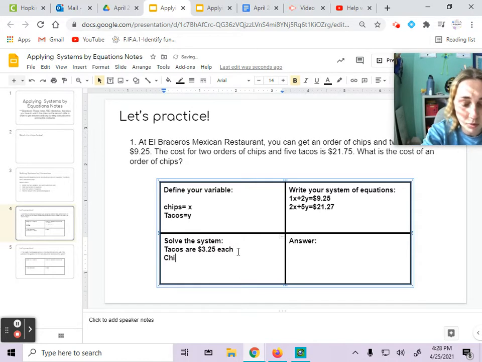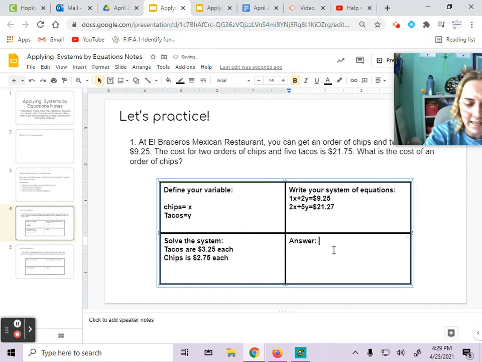So an order of chips is $2.75 each. And the answer again was how much is the order of chips? So I'm going to say chips is $2.75 each. And that is going to be my final answer.